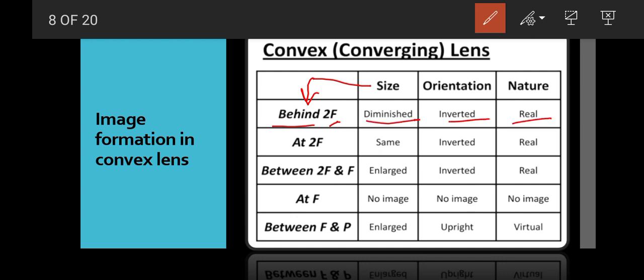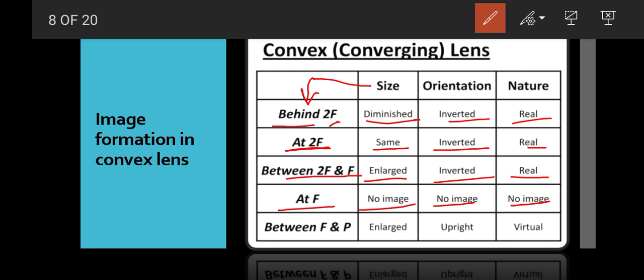Diminished means smaller in size. If it is placed at 2F distance in front of the lens, the image will be real, inverted and the same in size. If the object is placed between 2F and F, the image will be real, inverted and enlarged. If it is placed at the focal point of the lens, no image will be formed, so there will be nothing.